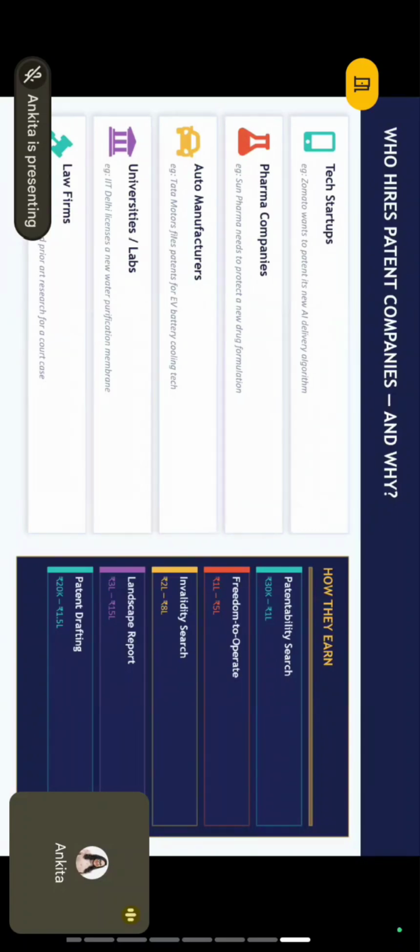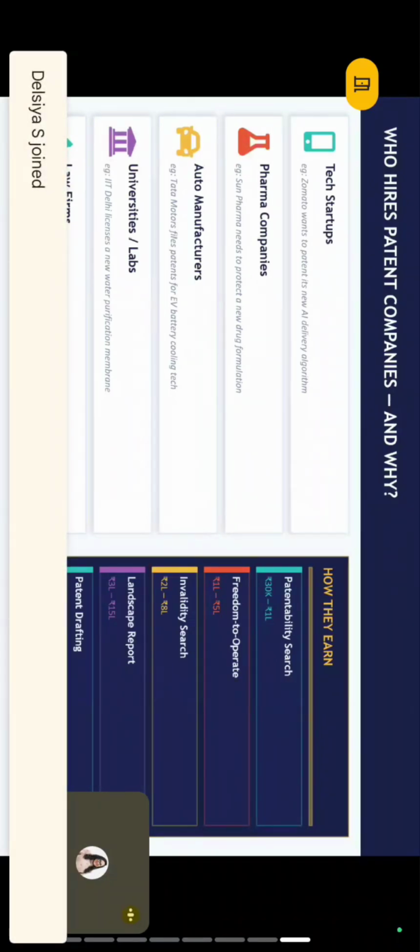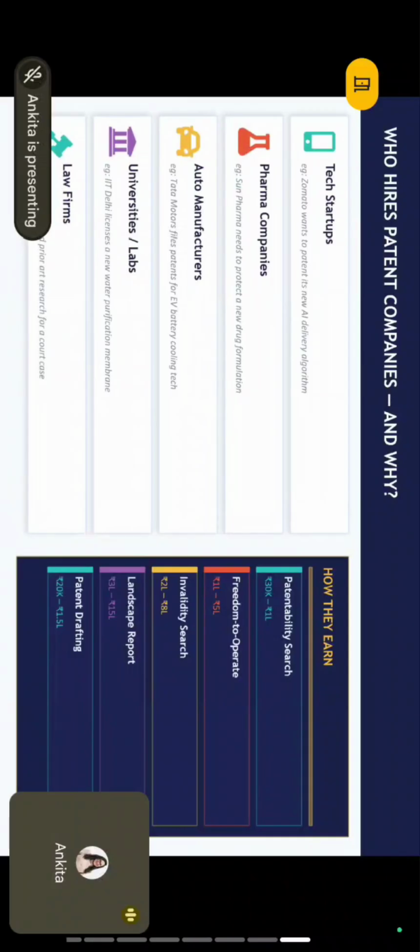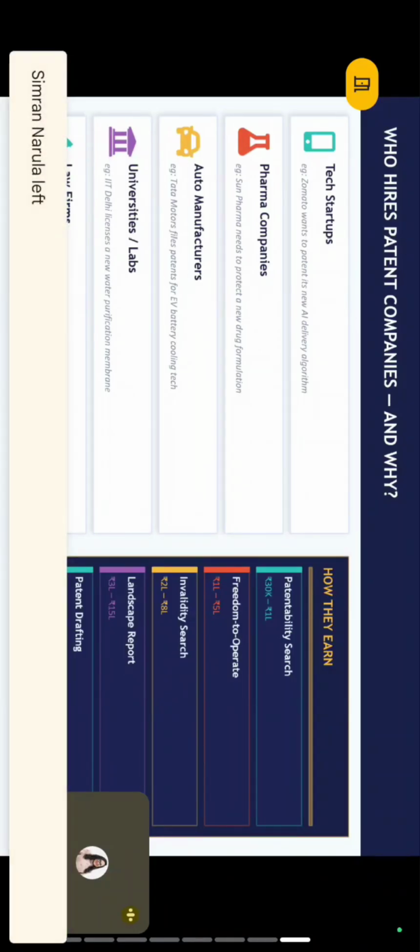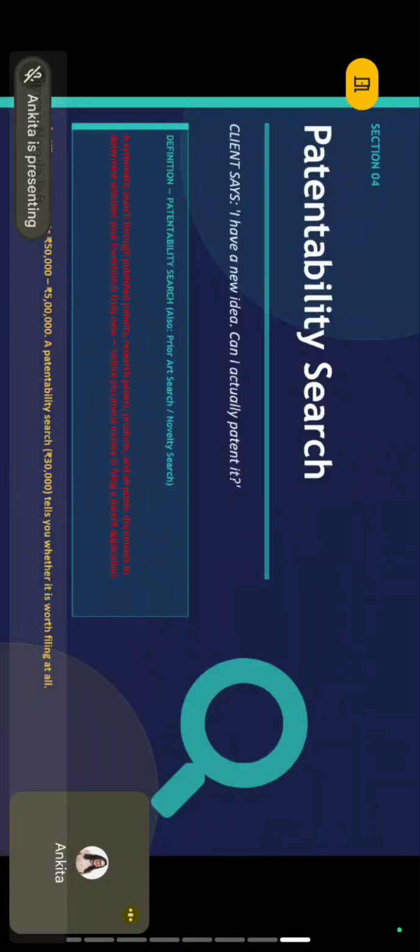One good piece of prior art found by an analyst can save crores in costs. So law firms are the biggest clients of patent companies. All these are the clients, but law firms are the biggest client, and other tech startups, pharma companies, auto manufacturers, some universities, all these are the clients of patent companies.